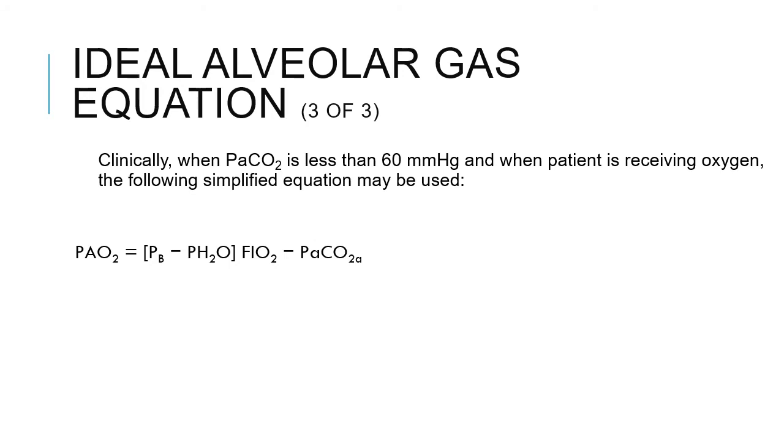Clinically, when the PaCO2, the carbon dioxide in the arterial blood, is less than 60 millimeters of mercury, and when the patient is receiving a fraction of inspired oxygen that is greater than 60%, the following simplified equation may be used.